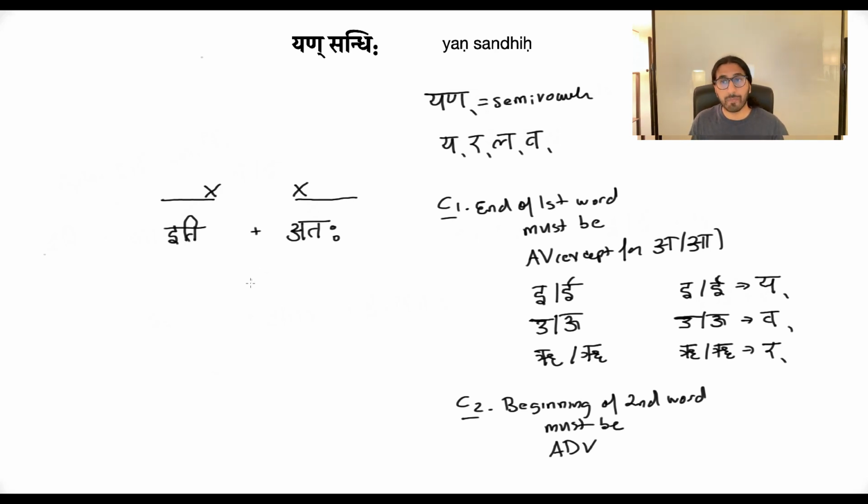Now, what happens in yan sandhi? Step 1: we replace the i in this case, or the ī, with the corresponding semivowel.